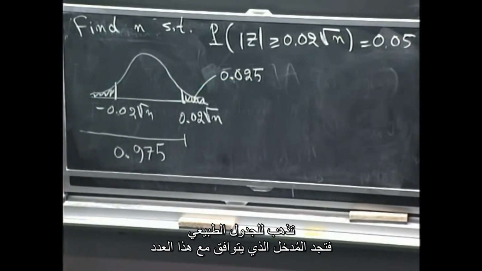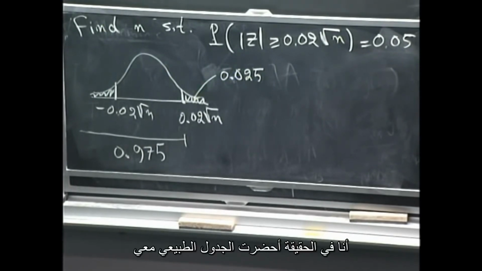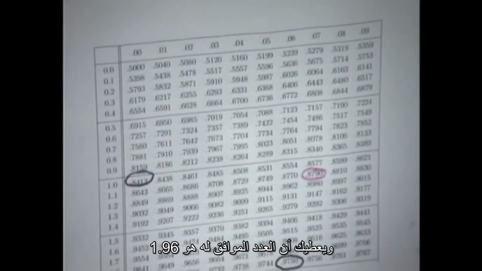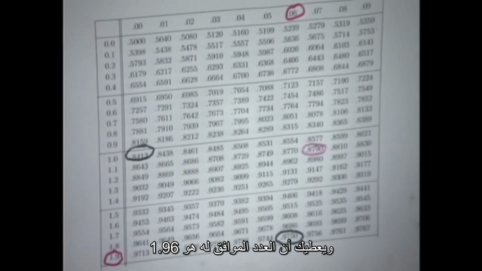You go to the normal tables and you find which is the entry that corresponds to that number. I actually brought a normal table with me, and 0.975 is down here, and it tells you that the number that corresponds to it is 1.96.